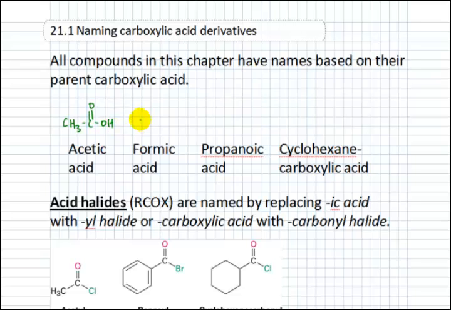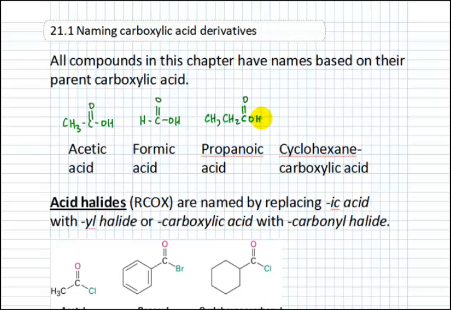Formic acid is just a 1-carbon carboxylic acid, H, C double bond O, OH. 3 carbons and beyond, we're typically fine using real IUPAC names like propanoic acid or butanoic or pentanoic or hexanoic. Propanoic acid is the 3-carbon, so CH3CH2, C double bond O, OH.